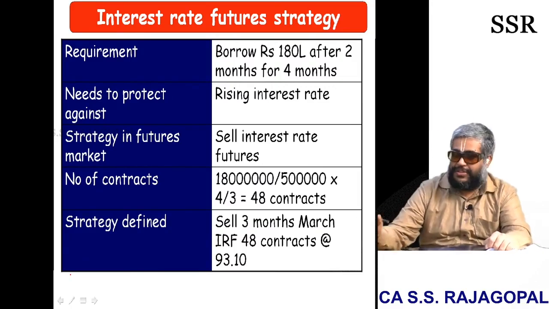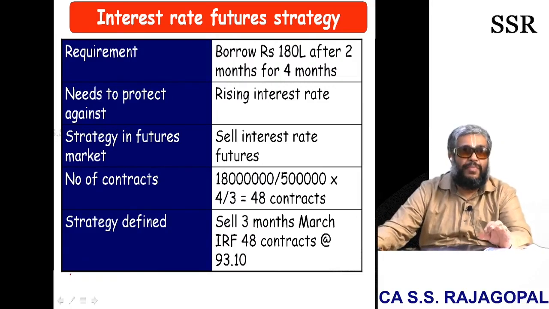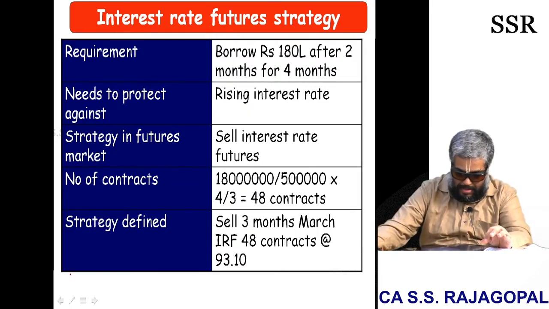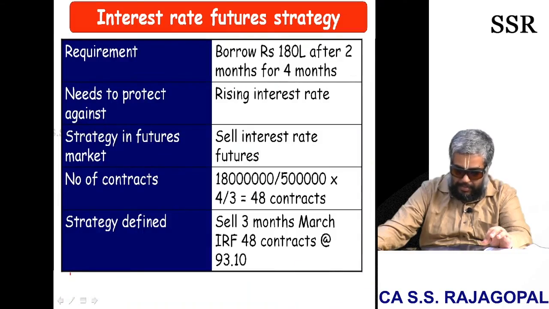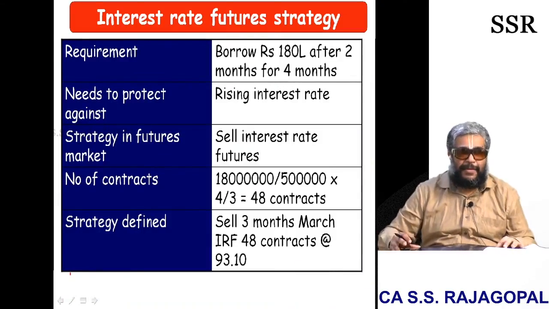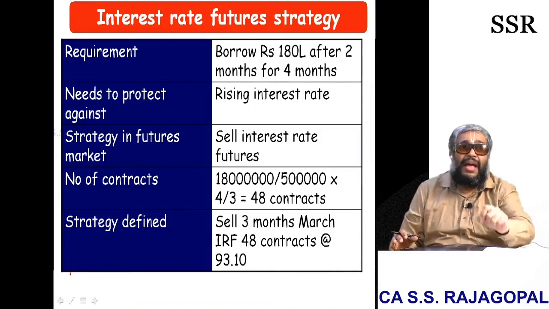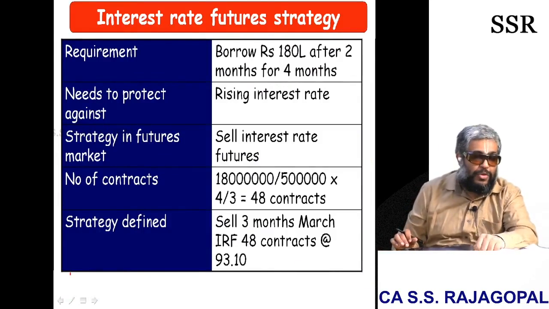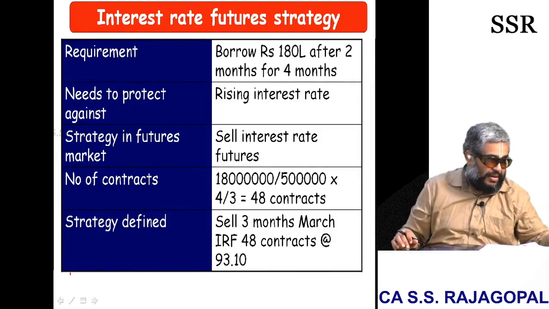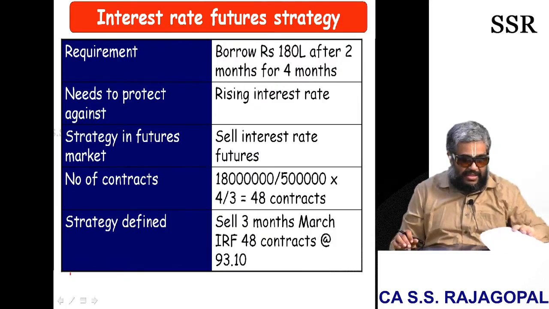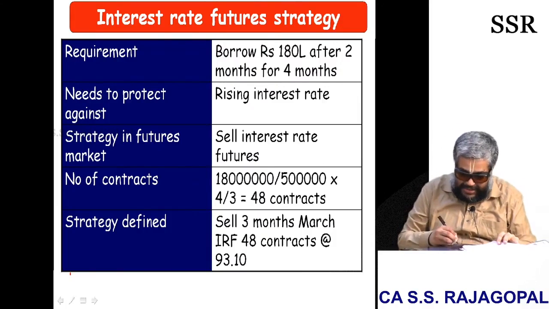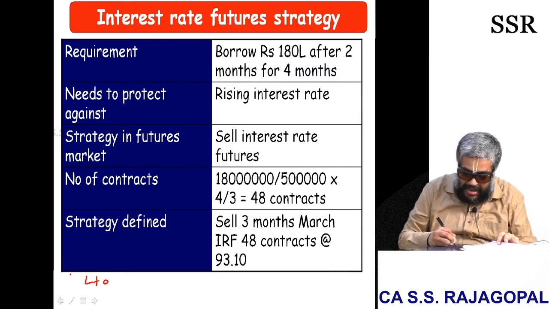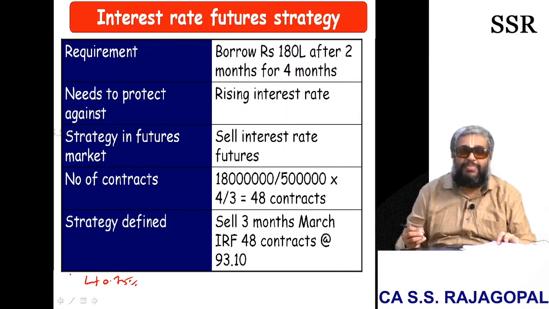Shall I proceed, friends? Now, target interest. If I borrow today, in the question LIBOR is given as 6.5%. I can borrow at LIBOR plus 0.75%, correct?